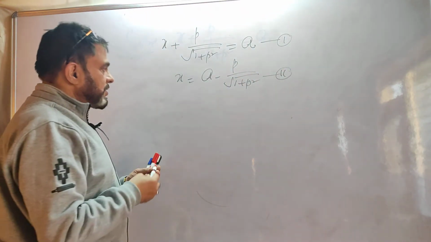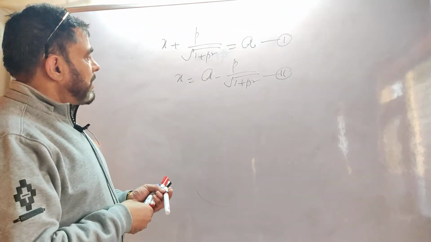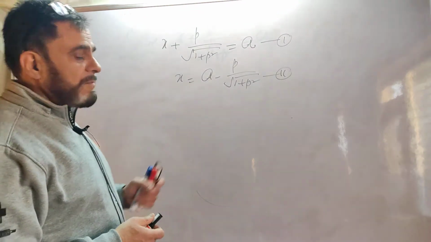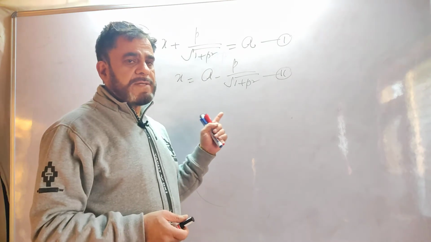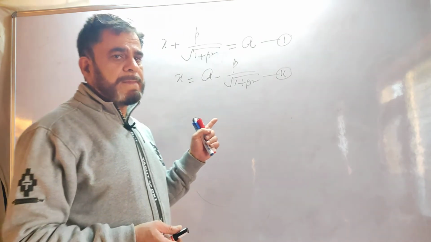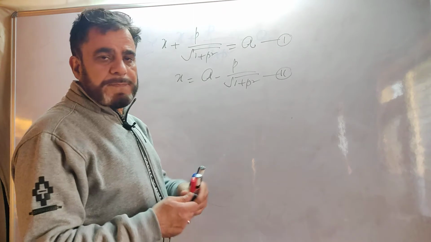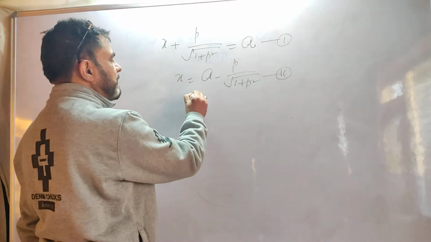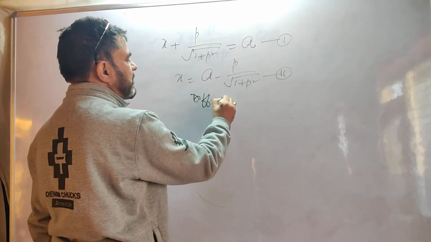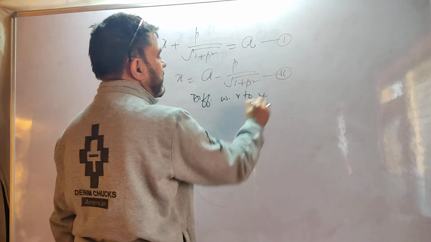This is now a function of what? This is the function of p. y is missing in this case. x is a function of p alone. Differentiate with respect to y.